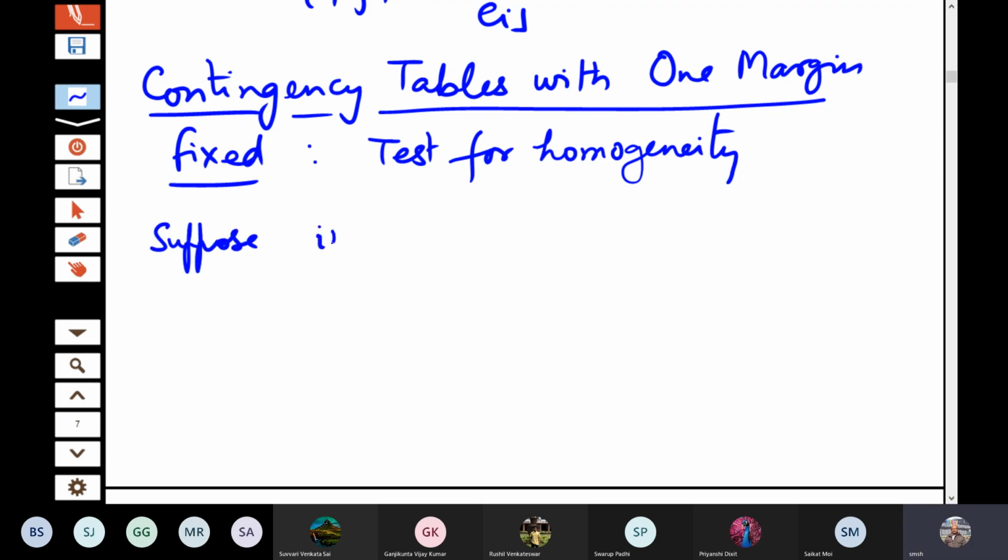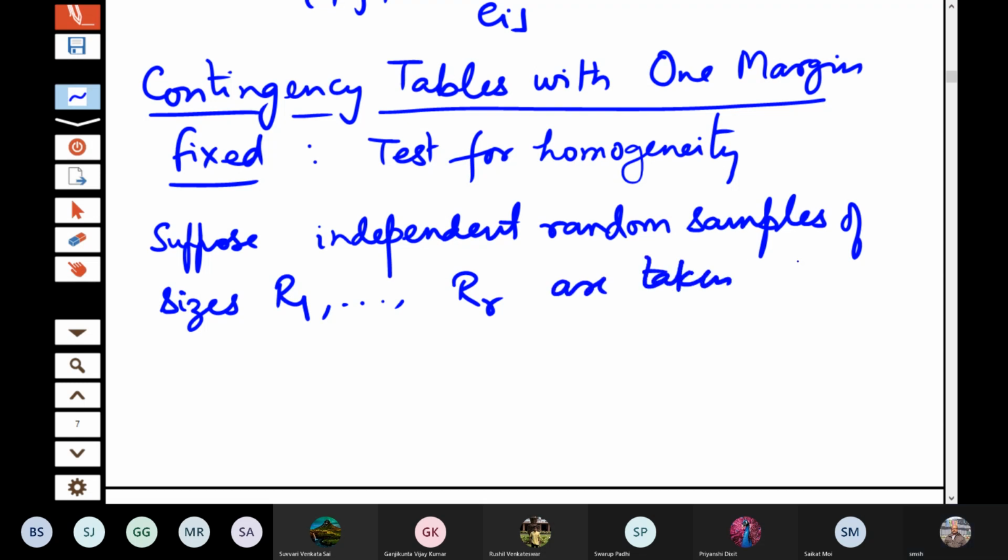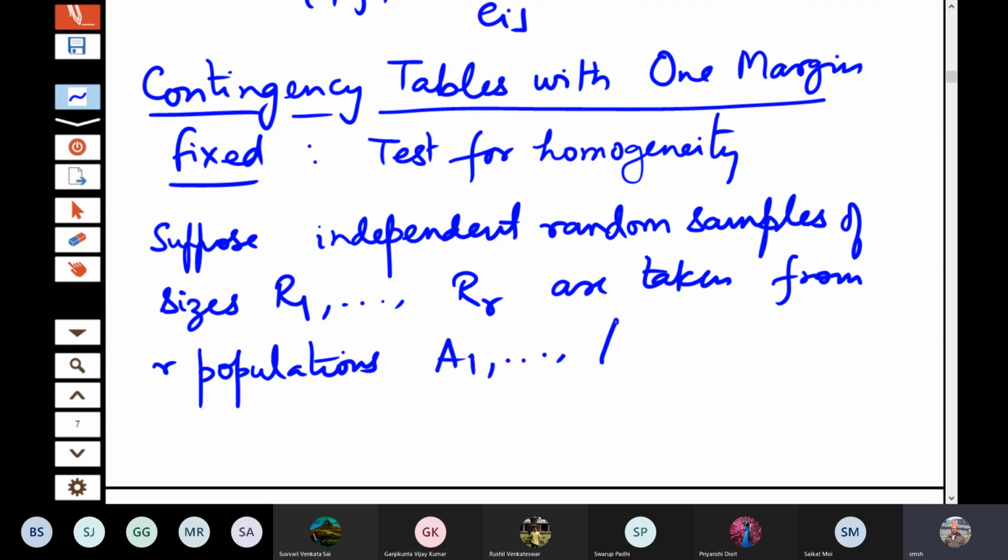Suppose independent random samples of sizes R1, R2, ..., RR are taken from R populations A1, A2, ..., AR respectively. So the data is taken row-wise here.